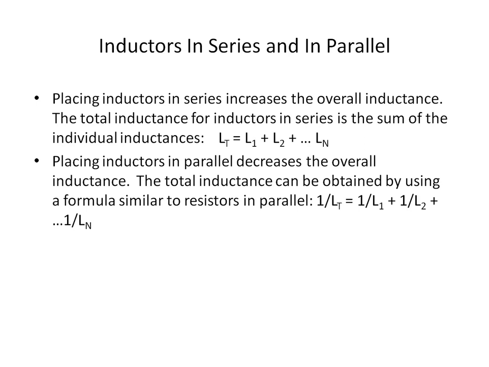Placing inductors in parallel decreases the overall inductance, and the total can be obtained using a formula similar to resistors in parallel: 1 over L total equals 1 over L1 plus 1 over L2 plus 1 over L3, and so on.